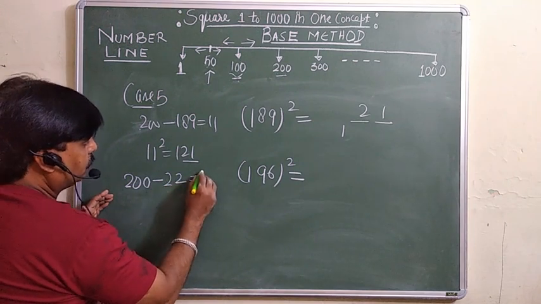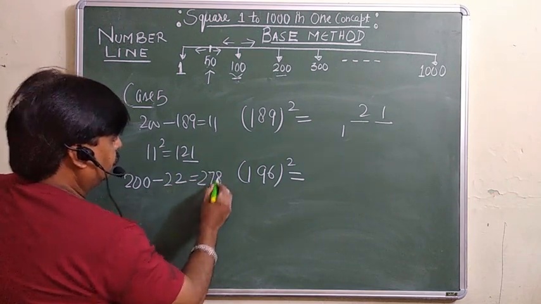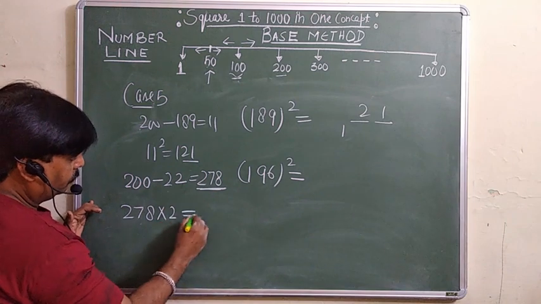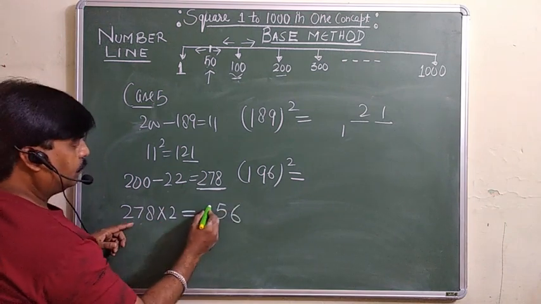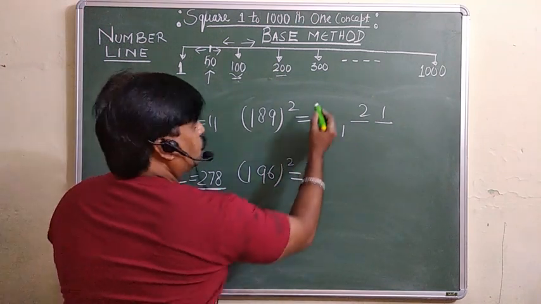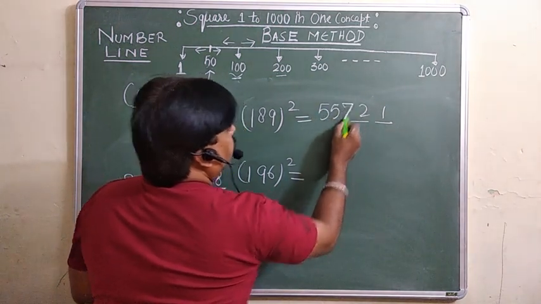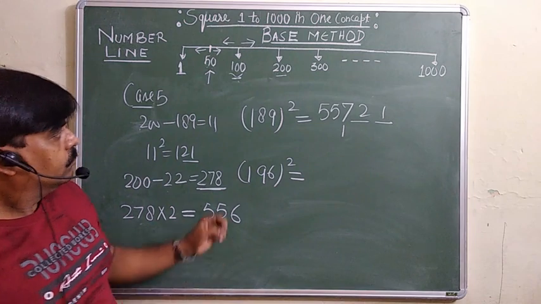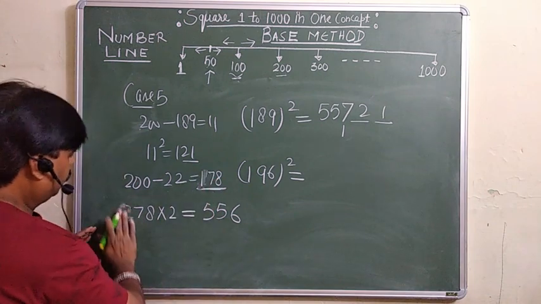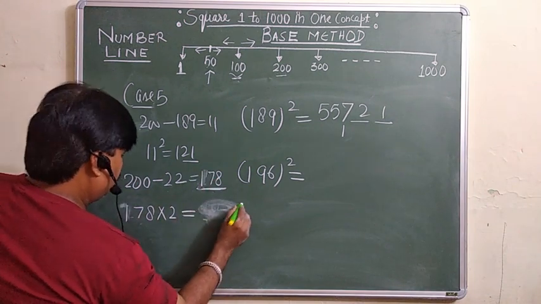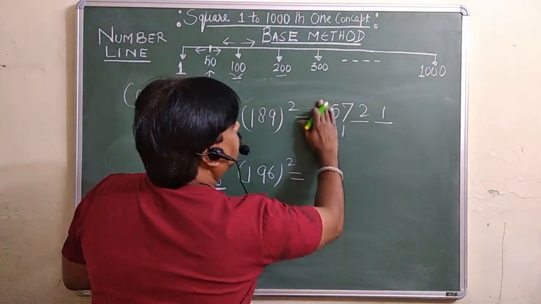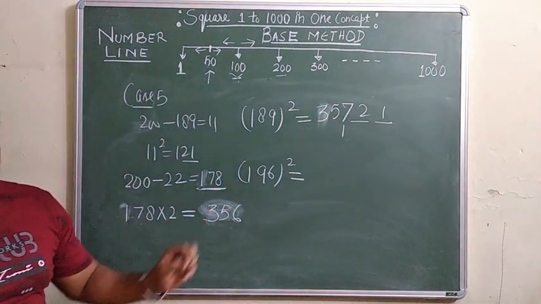So this is 178. And twice of this one is 356, and with the carry 1, 357. So 35721 is the square of this number.